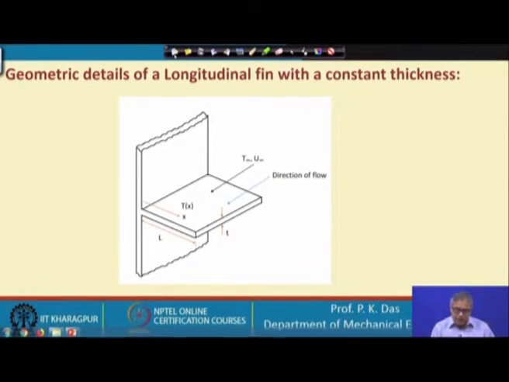Then we can see one fluid is flowing over the fin, at the back side of the fin also fluid is flowing, and over the base surface or primary surface also fluid is flowing.